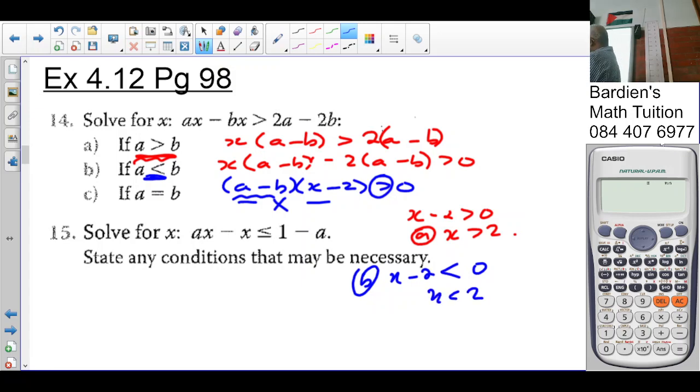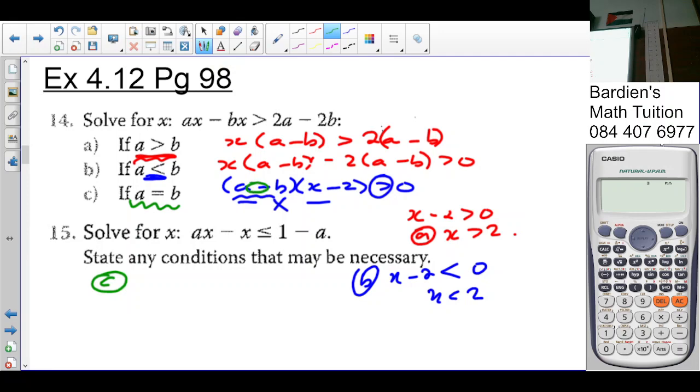So x is less than 2. Okay. If a is equal to b, what does that mean? That the a value and the b value are the same. If I subtract two numbers that are the same, it will always be 0.